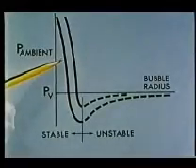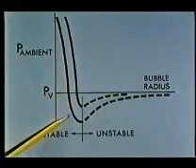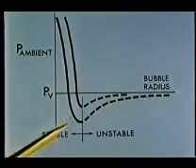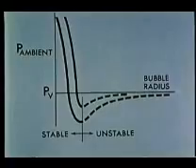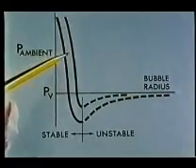Although the smaller oxygen bubbles expanded as the pressure was reduced, they never reached a size large enough to become unstable. On the other hand, some of the larger hydrogen bubbles, which moved along a curve such as this one corresponding to a larger gas content, did expand to a size large enough to slip into the unstable region and grew explosively.